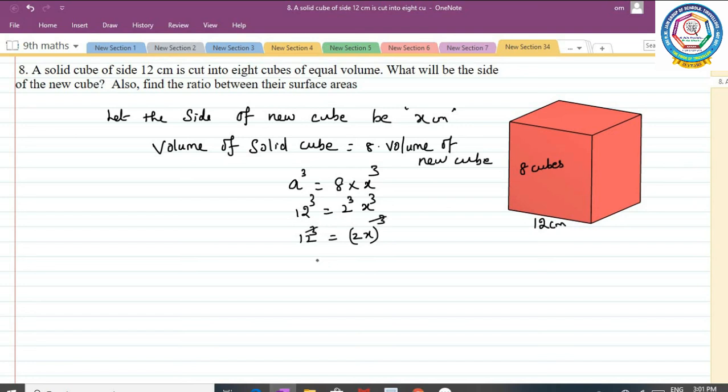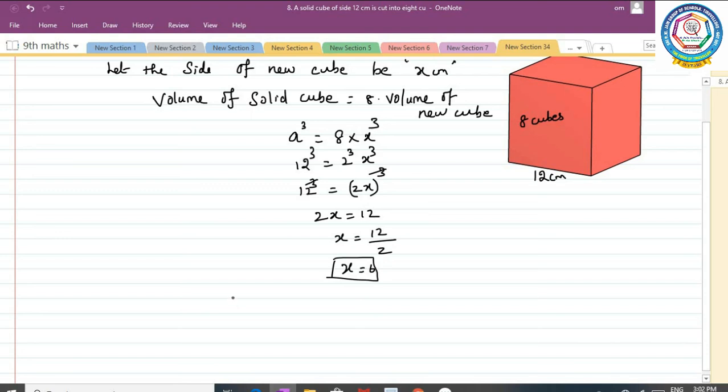So the cube will cancel, 2x is equal to 12. x is equal to 12 by 2. Then x is equal to 6. Therefore, the side of the new cube is 6 centimeter.